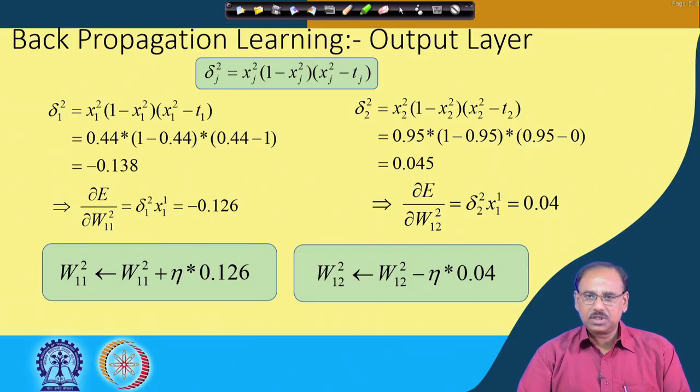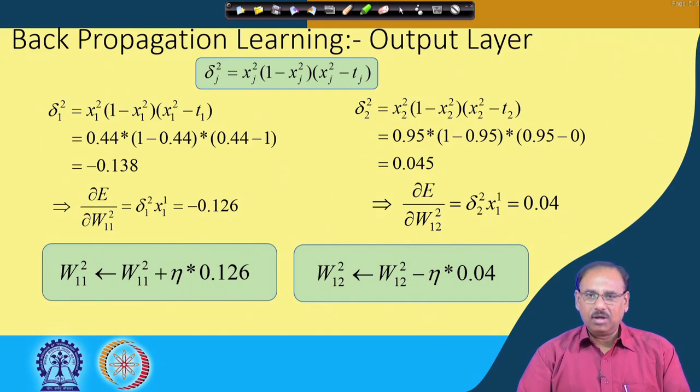So, as a result, the updated weights, that is W 1 1 2, which is the connection weight from the first node in the hidden layer to the first node in the output layer, simply becomes W 1 1 2 plus eta times 0.126, where eta is a hyperparameter indicating the learning rate. You find that del E del W 1 1 2 was negative.